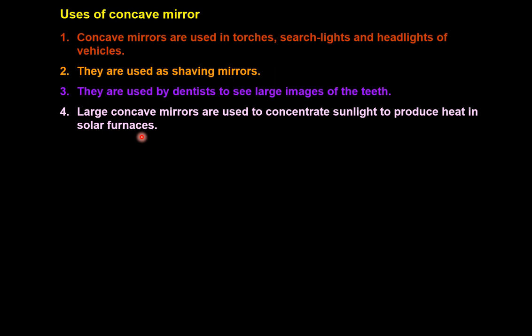So all the light rays which are coming from a very far distance from the sun will be falling on the concave mirror. After reflection, they will follow the first rule. Whenever light rays are coming parallel, after reflection they will get concentrated or meet at principal focus.